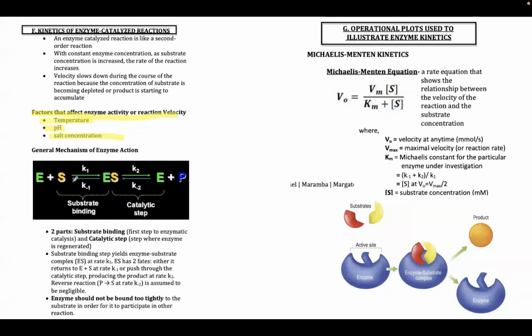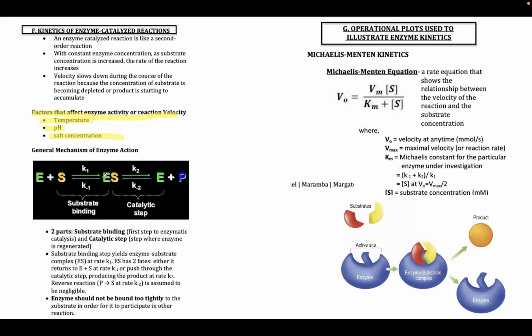pansinin po muna natin yung picture dito. Okay, yung E ibig sabihin niyan enzyme. Okay, yung S substrate. So kapag nag-combine na si enzyme and then si substrate, makakabuo sila ng tinatawag nating enzyme substrate complex. Iyon yung ES. Okay?